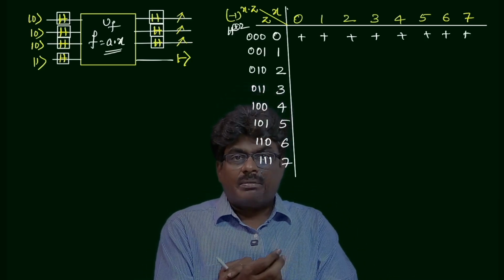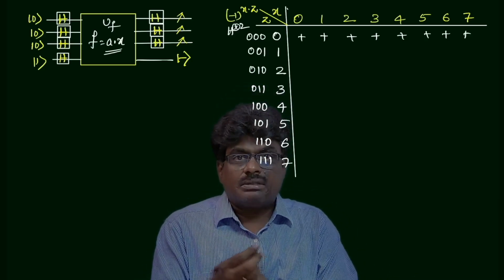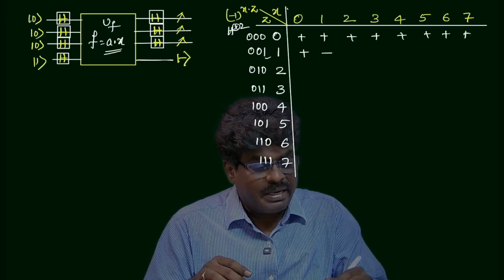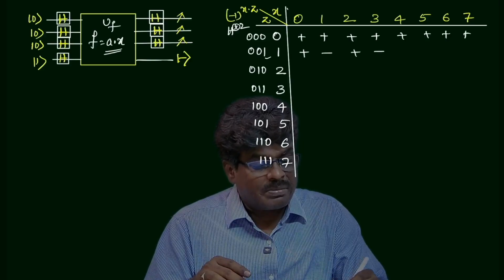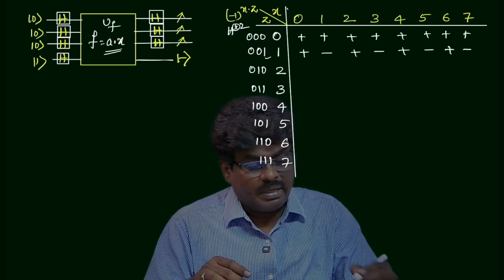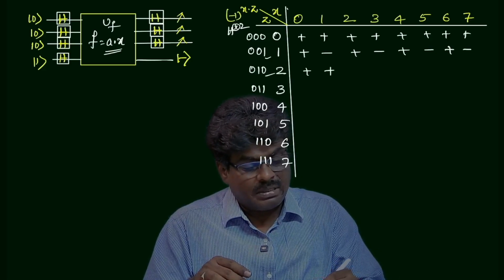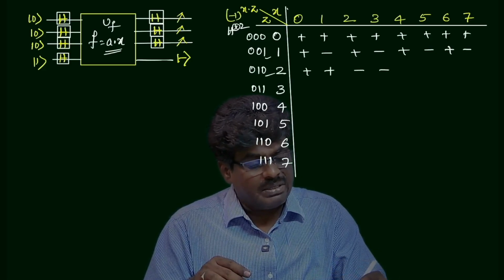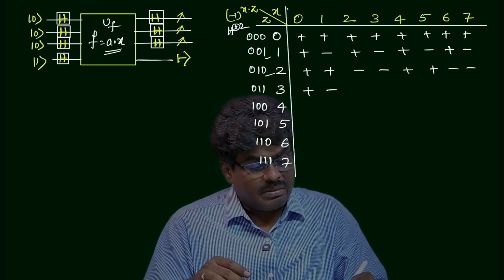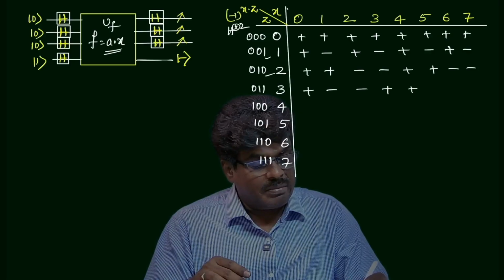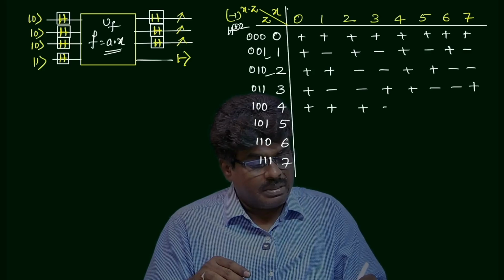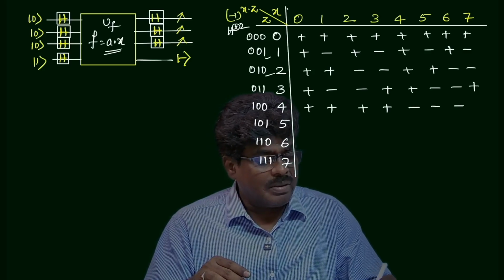Right. So here I'm taking that hidden variable as a 3 qubit state. Here 1 came, that's why plus minus, and here again 0, plus minus. Here first 0 plus plus, next 1 minus minus, again 0 plus plus minus minus. 1 plus minus, 1 minus plus, 0 came, plus minus minus plus, 0 plus plus plus plus, and again 1 all minus.